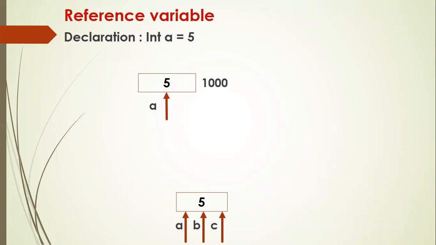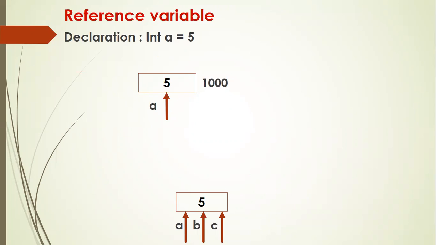So the declaration int a = 5 automatically creates a memory location of 2 bytes or 4 bytes depending on the word size of the machine, and the memory location is labeled with the name of the variable. Here it is a, and every memory location has some unique address. Say for example, in this case, let the address be 1000 and the value 5 is stored in that particular location.